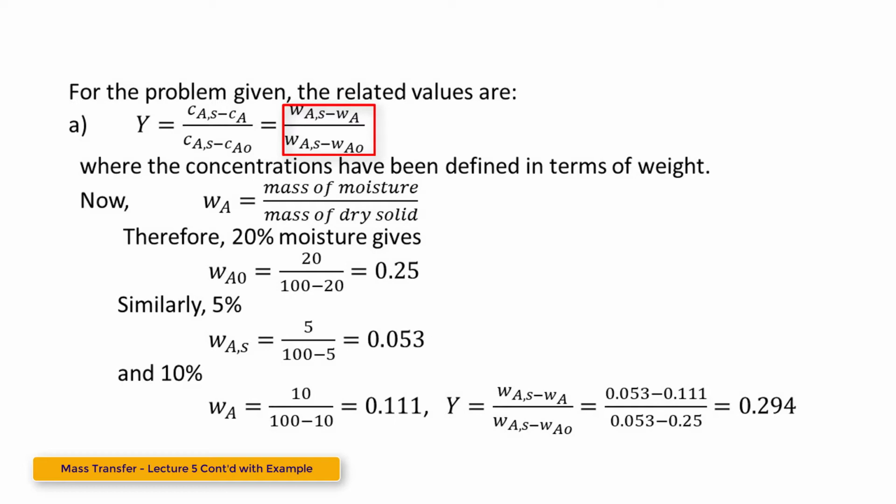Just replace the C by W, where the concentrations have been defined in terms of weight. Now, WA is defined as mass of moisture over mass of dry air. Okay. So, therefore, for 20% moisture, which is the CA naught, which is now WA naught, it will be 20 over 100 minus 20. And then, similarly, for 5%, it will be 5 over 100 minus 5. Then we get this. Then 100% is WA, and so on. If you do this calculation, you get 0.294, not 0.94. So that will be changed there.